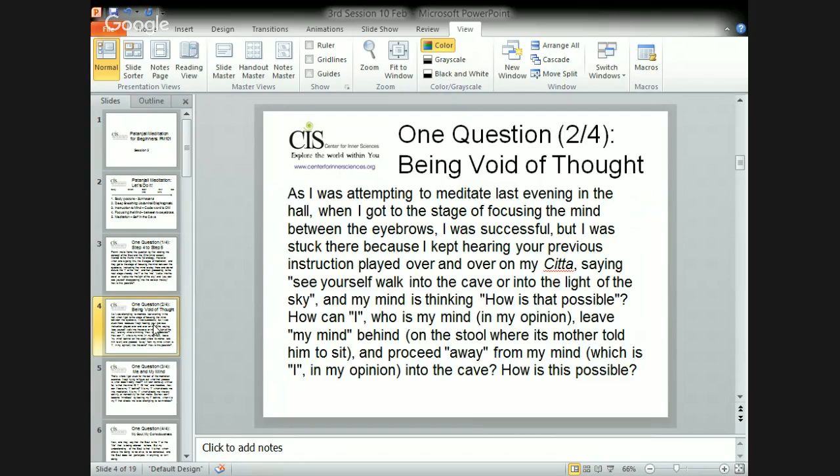Now, it continues, how can I, who is my mind, in my opinion, leave my mind behind? Now, there is an analogy of mother and child also, which we used last time. How can I leave my mind behind on the stool where its mother told him to sit and proceed away from my mind, which is I, in my opinion, into the cave?